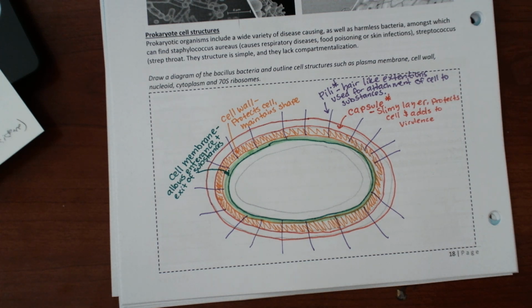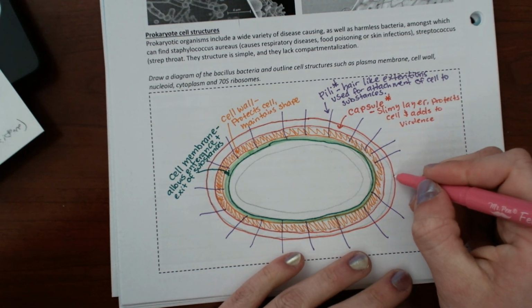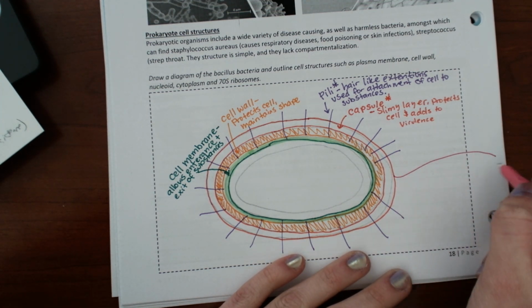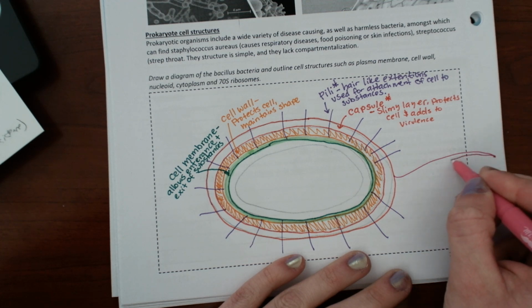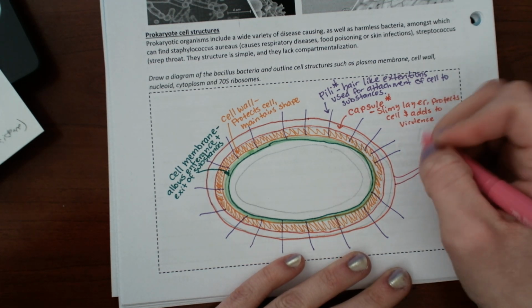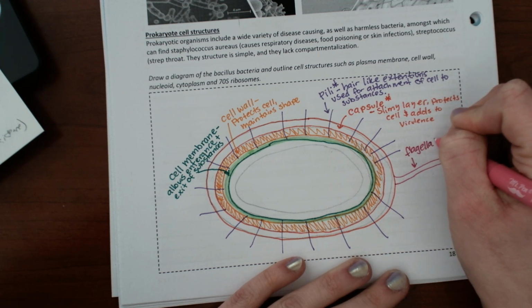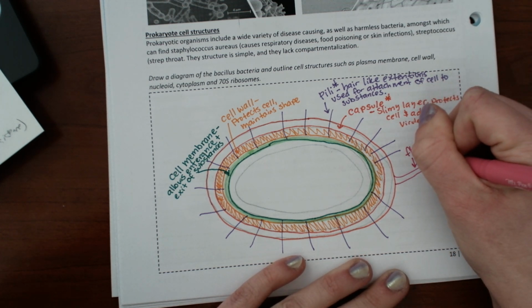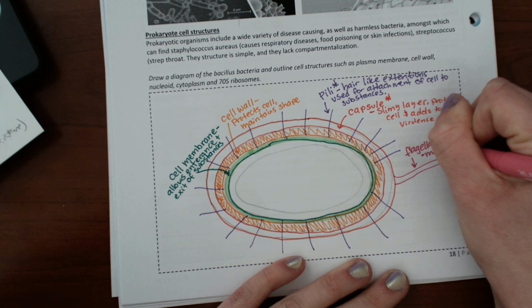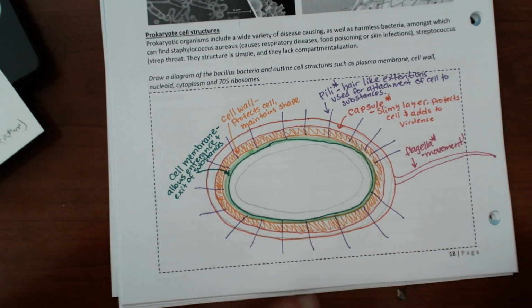Let's see, what other colors do we have? The flagella is not that important. It can be pink. No, I got purple. Why? What's going on? Okay. So your flagella, again, not always there, but when it is, it's used for movement, similar to sperm.